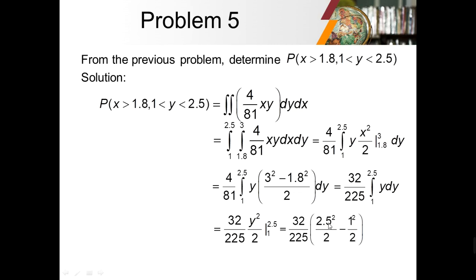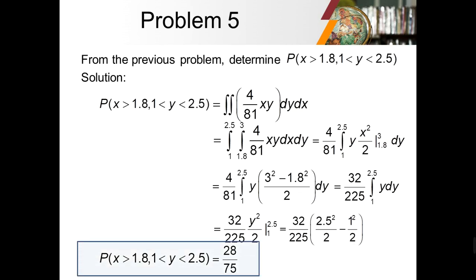Okay, then, kalkyuhin lang ulit yan. The answer, the joint probability that x is greater than 1.8 and y is greater than 1 but less than 2.5 is equal to 28 over 75. Sana may calculator kayo habang nanonood kayo ng video para sinasabayan nyo. So, pwedeng i-pause nyo muna, palabasin sa calculator. Okay?